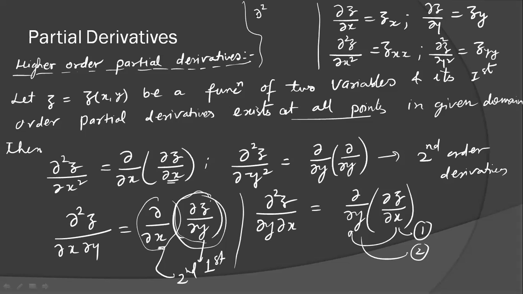And del 2z over del x del y is called zxy. We start from this side, means firstly differentiate with respect to y, then with respect to x. Del 2z over del y del x is called zyx. We start from the left side, so it's the derivative of del z by del x with respect to y.